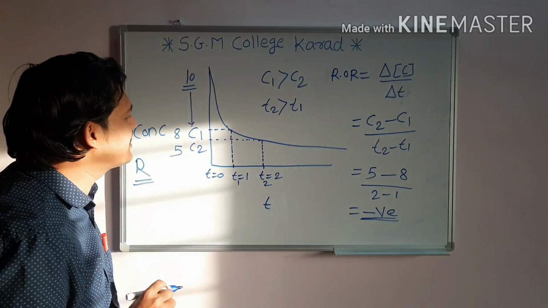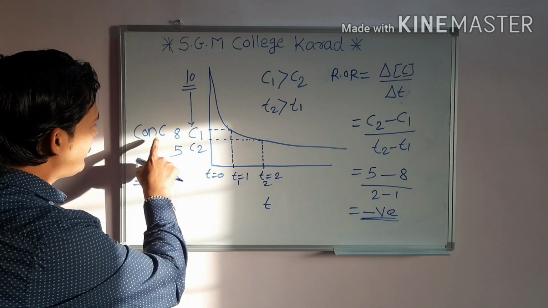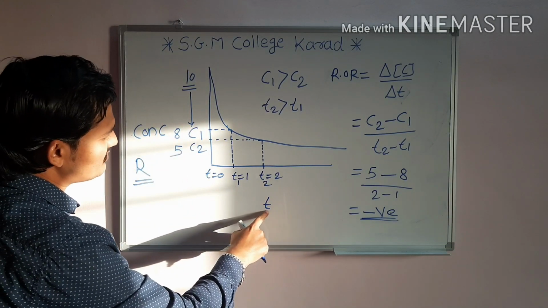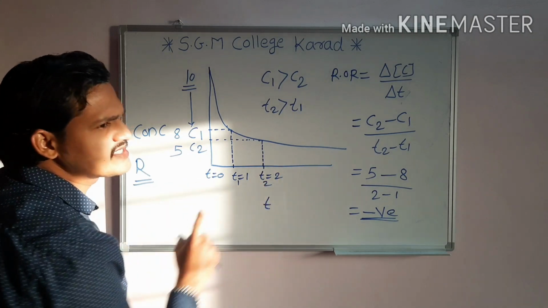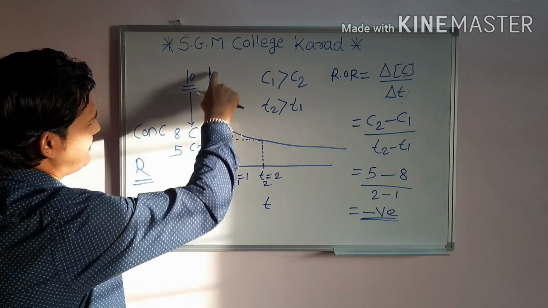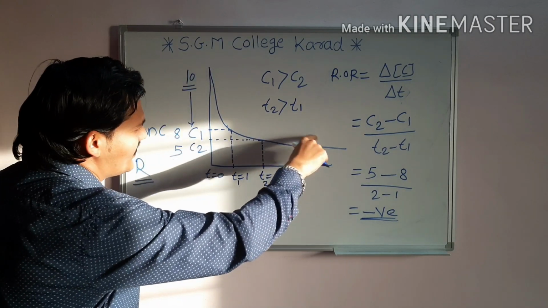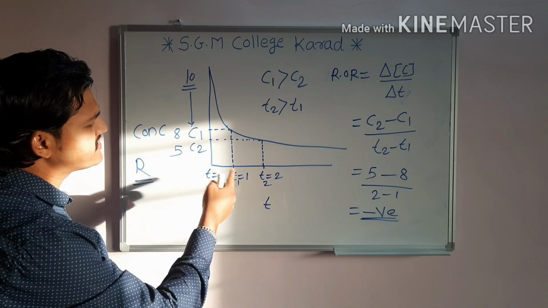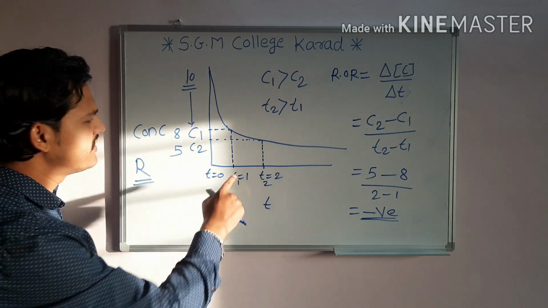Because in general, I am plotting a graph of concentration of reactant on the y-axis with respect to time on the x-axis. In case of reactant, the concentration decreases. Here I am taking just a random 1 hour, 2 hour. Here it is T1.